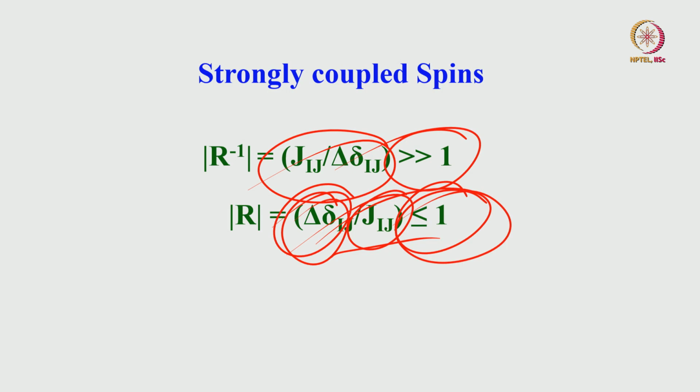Of course, you can take it the other way, divide the coupling by the chemical shift difference, and it should be larger than 1. This is the condition for the nuclear spins to be strongly coupled.